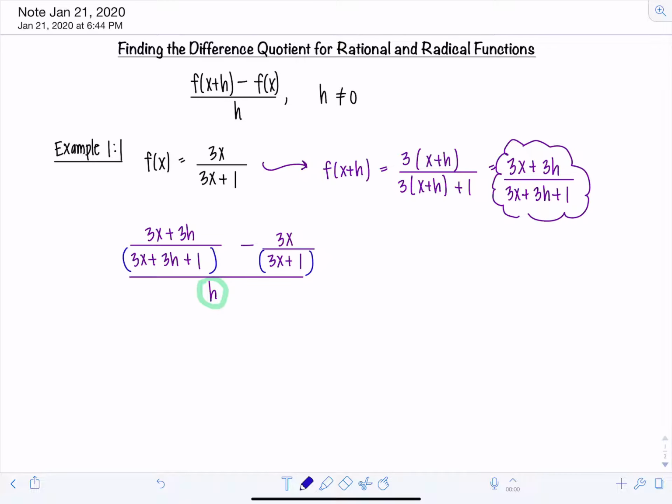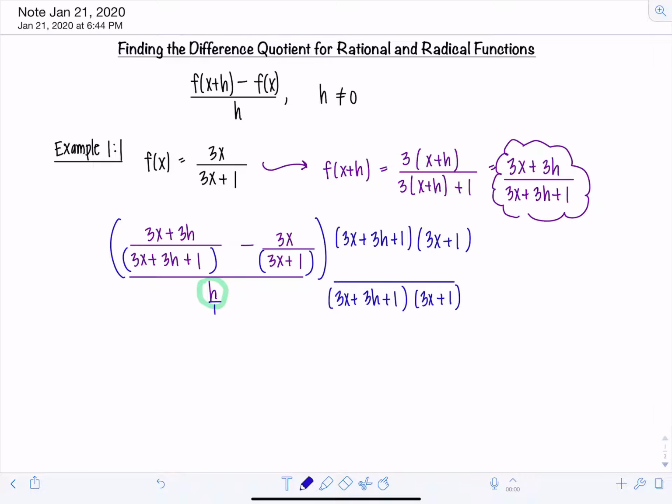We don't need to add any terms from the denominator into the LCD because this h technically is just divided by 1, right? We don't normally write that. So the LCD is going to be 3x plus 3h plus 1 times 3x plus 1. And I need to multiply by that in the numerator and the denominator. So 3x plus 3h plus 1, and then another 3x plus 1.